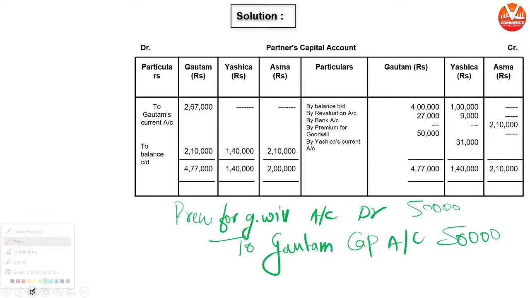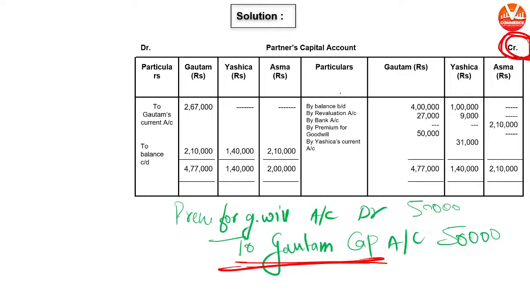So in this journal entry, Gautam capital account is credited. So you will record on the credit side in the Gautam capital account 50,000 as by premium for goodwill.